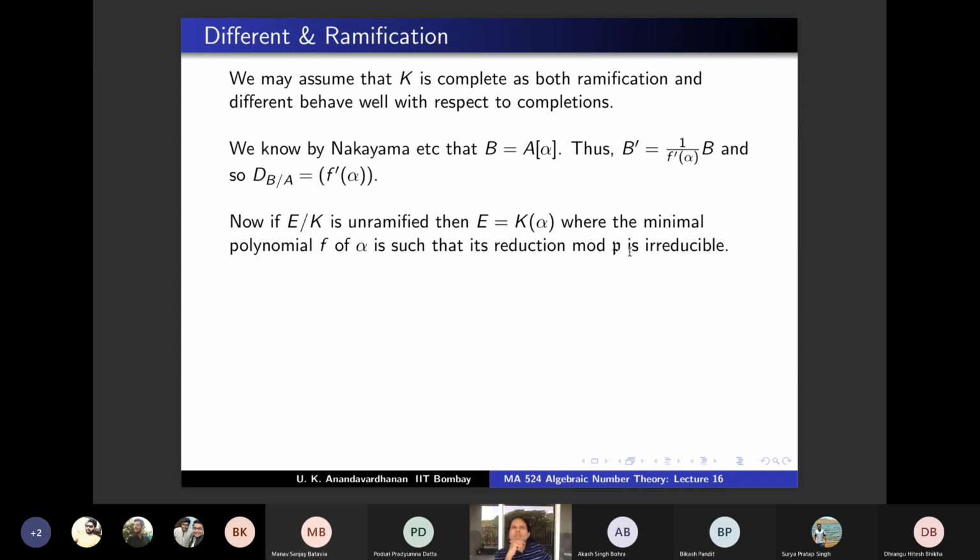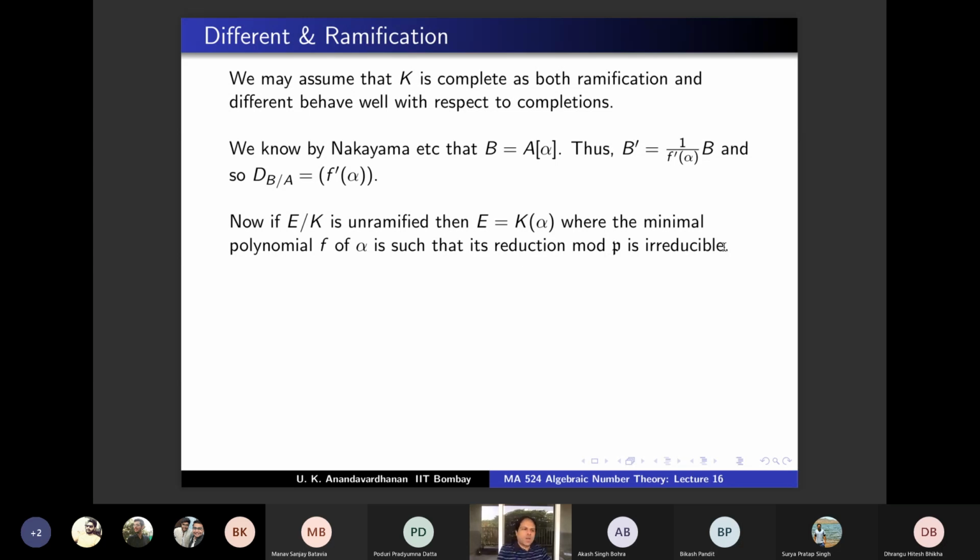So if you take f bar prime, what can you say about f bar prime if f prime alpha is not a unit? Then f bar prime will be identically 0, right? So that will contradict the fact that the reduction mod P is irreducible.